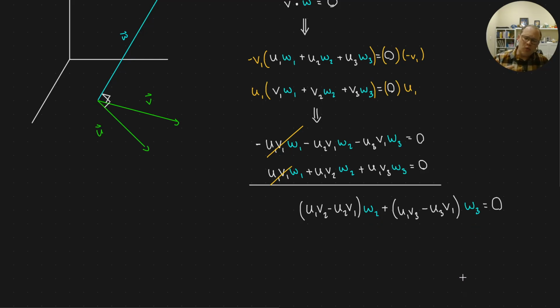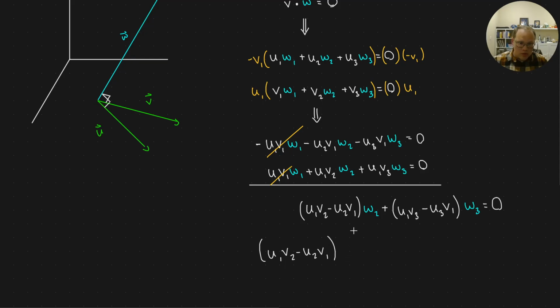Now remember, we just need one solution to this. As long as we can find one solution, we know that all other solutions are just scalar multiples. So if I can pick a W2 and a W3 that will make this work, I have a solution, and then I can figure out the W1 that corresponds to it. The easiest way to see that this will work is if I make W2, so let me write the equation, U1 V2 minus U2 V1.